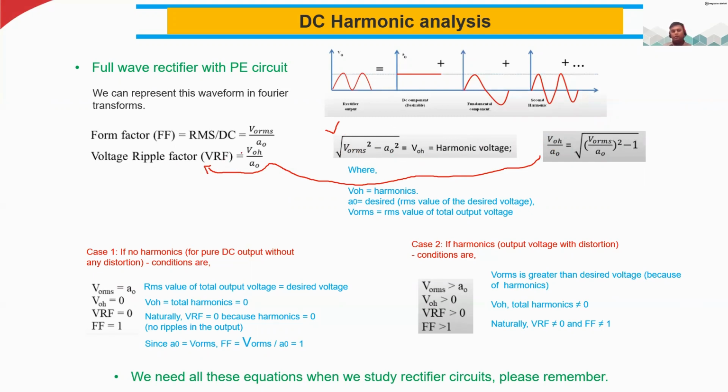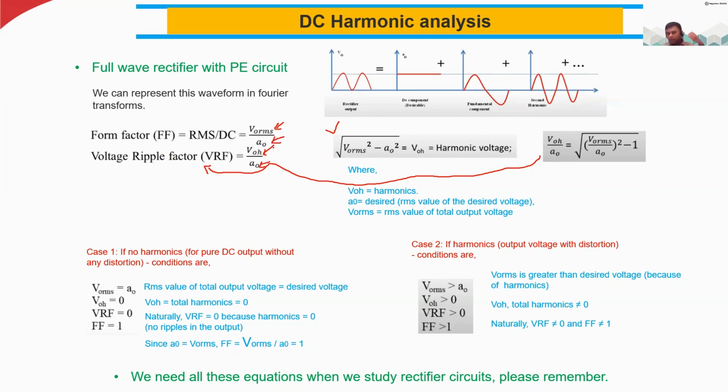So VRF is equal to VOH divided by A naught. This is the harmonic voltage and this is the desirable output voltage. And we have another formula called form factor, FF, equal to VORMS divided by A naught. VORMS is the total output voltage divided by the desirable output voltage.